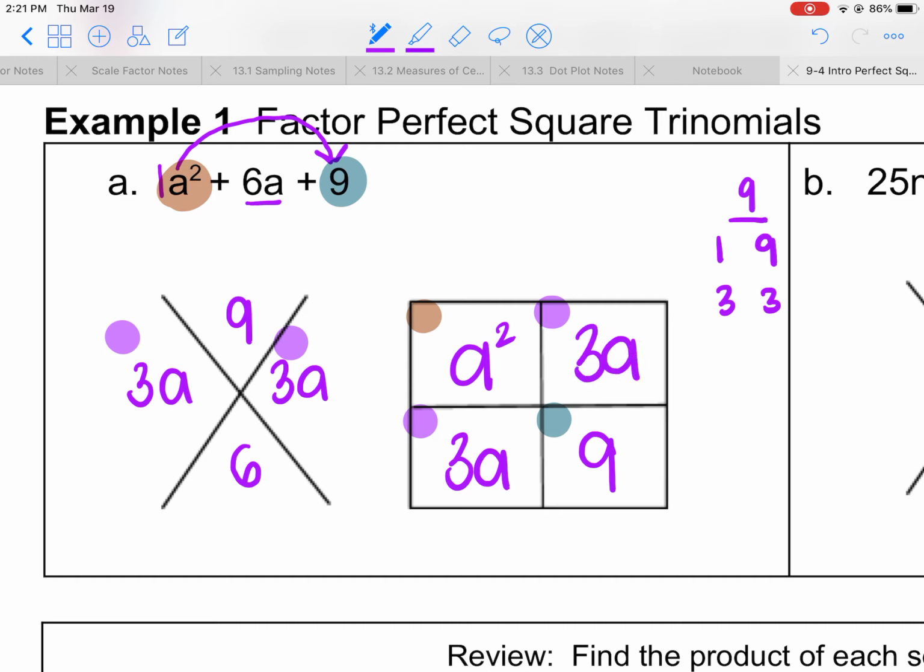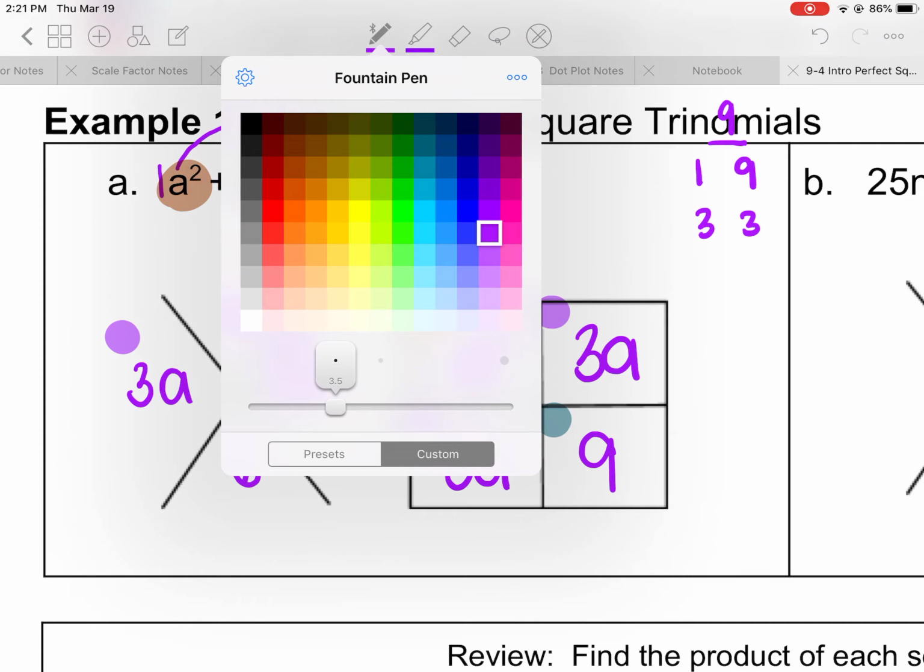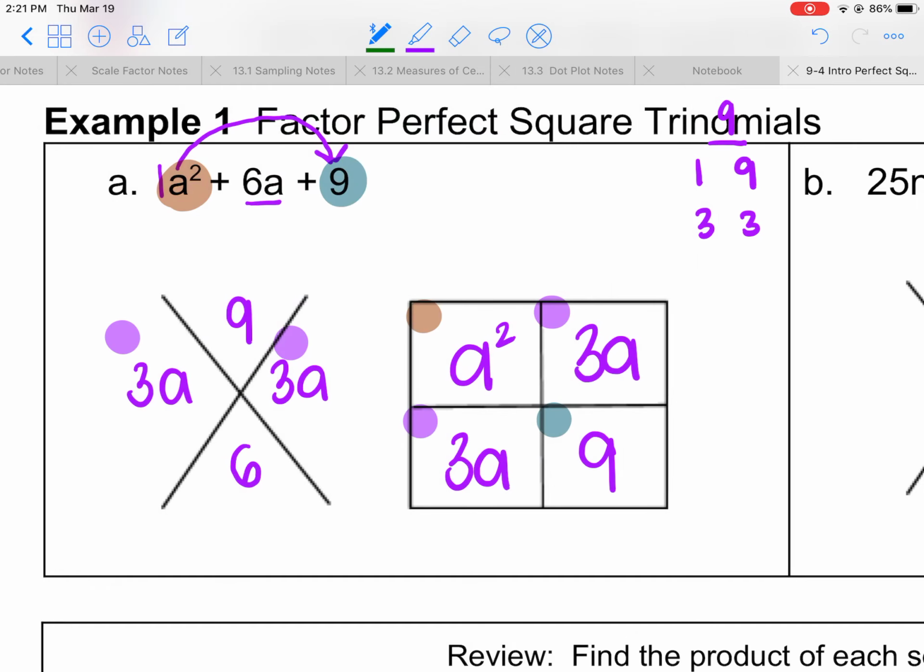Once I have my box filled out, I'm going to start finding the greatest common factor. That's why at the beginning of this unit we had a little bit of a review of how to find the GCF. So here I'm now going to find the GCF of different combinations. The GCF of a squared and 3a, remember in order for you to pull it out, it has to appear in both of my terms, and the only thing that appears in both terms is just 1a.